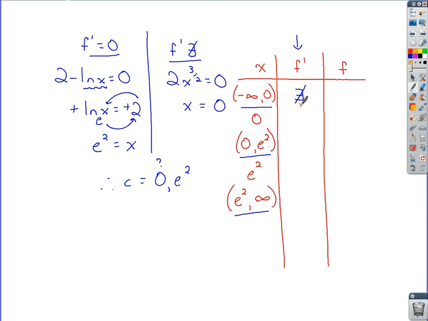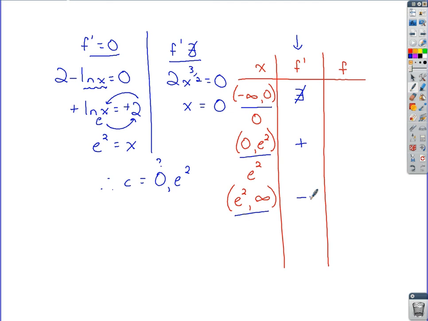Basically, take a number larger than 0, like 1, you plug in. If you plug in 1, you get a positive result. And down here for the last interval, something that's greater than e squared, let's be real aggressive here, 100 would definitely be larger. If you plug in 100, you would notice you get a negative result.